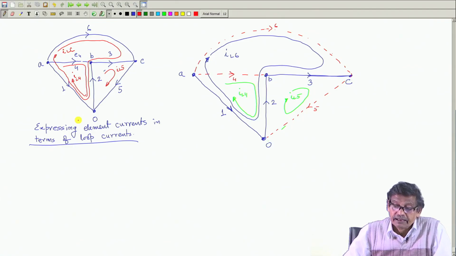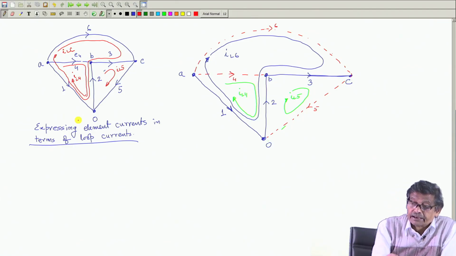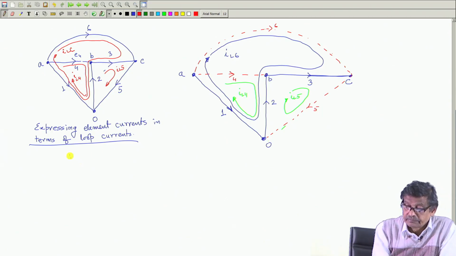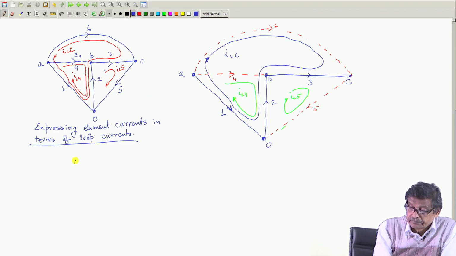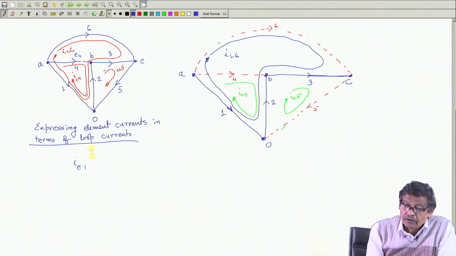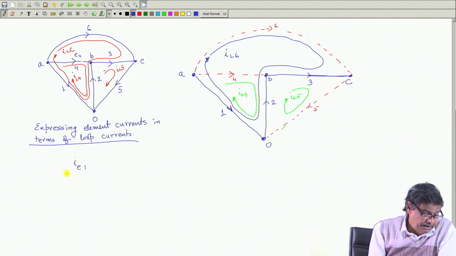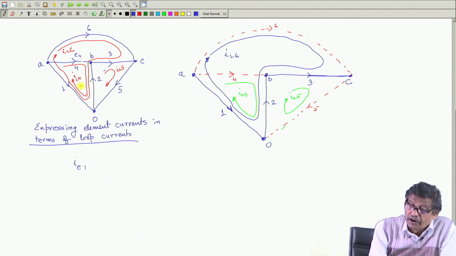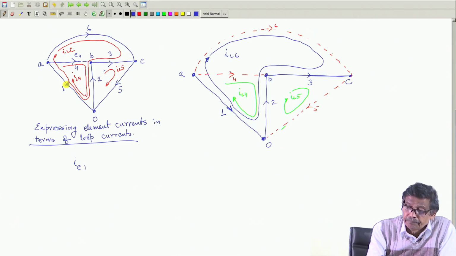So, how do I write it down? Element currents, IE1. Which one is branch 1? IE1 is the branch 1. There are two loop currents flowing here. Okay, I1 direction is this way, is it not?